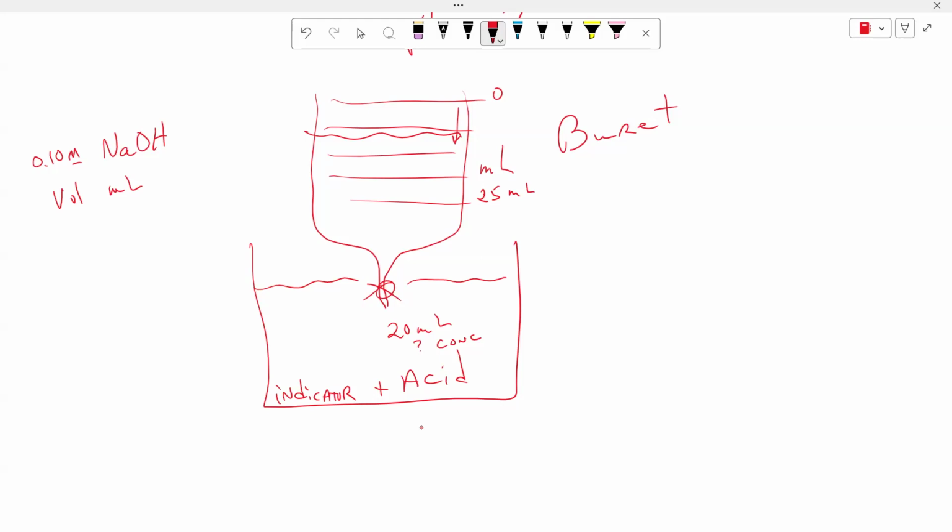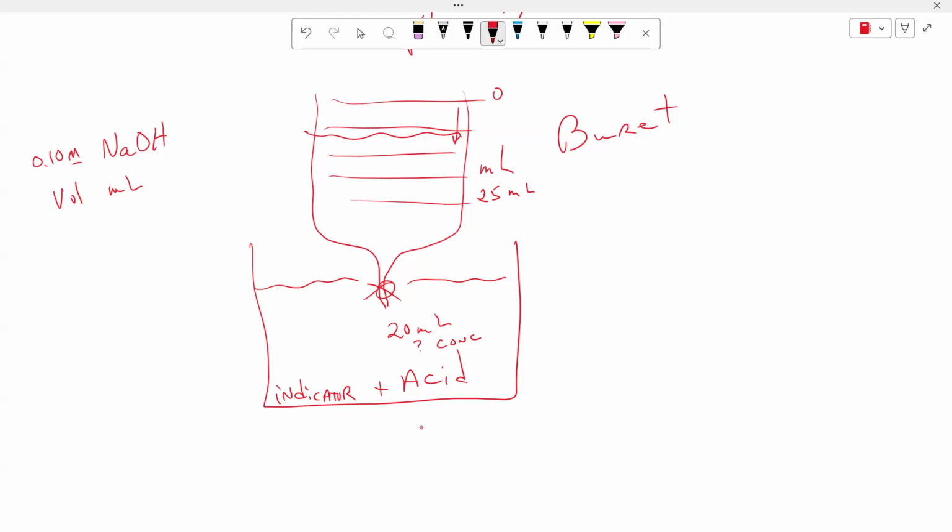And you put a known volume of the acid in there. So we have volume, unknown concentration. We're going to neutralize that with this sodium hydroxide up in the burette. So we know volume, the volume comes from the burette reading as it drops down into the acid indicator. And we know the concentration of sodium hydroxide.